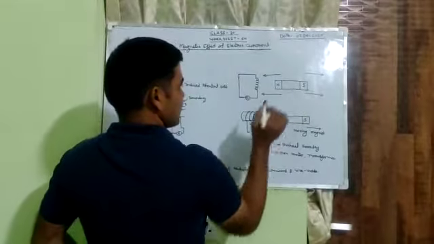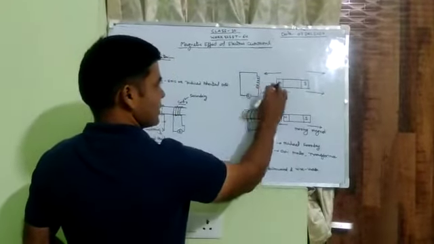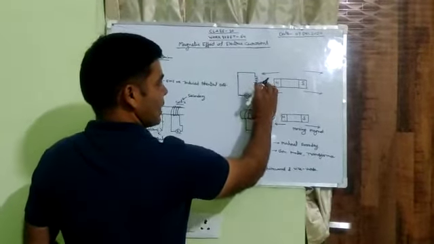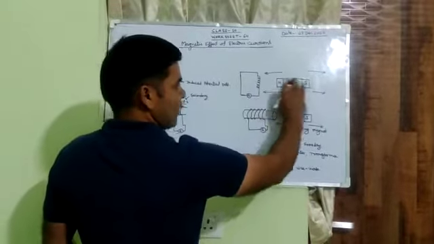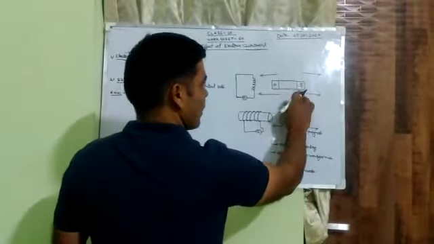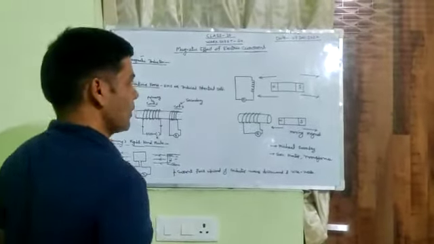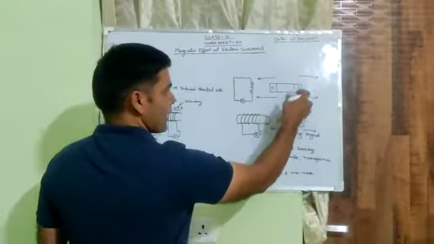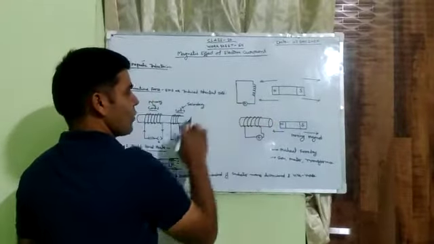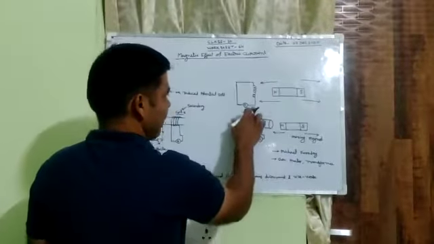Once we move the magnet inside this coil or outwards, there is movement, which means a change in the magnetic field. So whenever a change of magnetic field is connected with the coil, there will be a deflection.